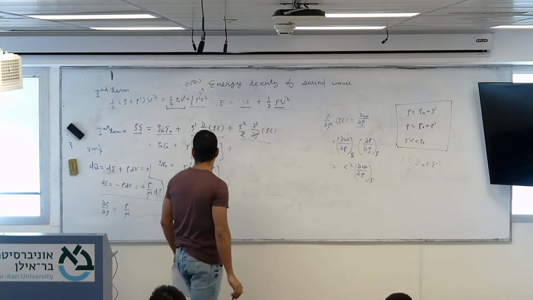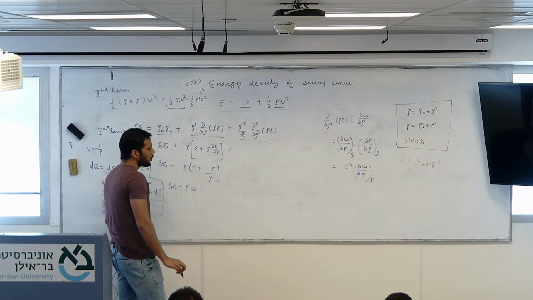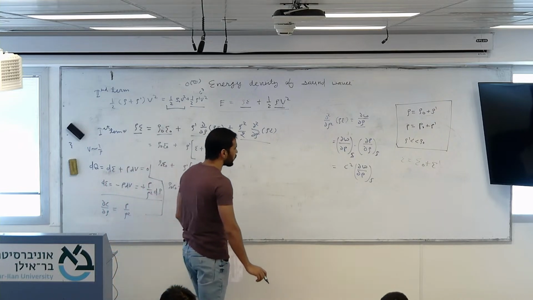Now I have to find this dW over dV. What is W?